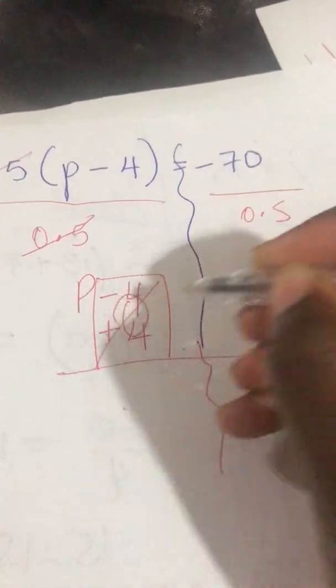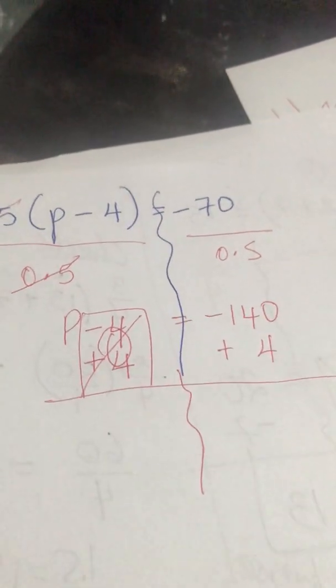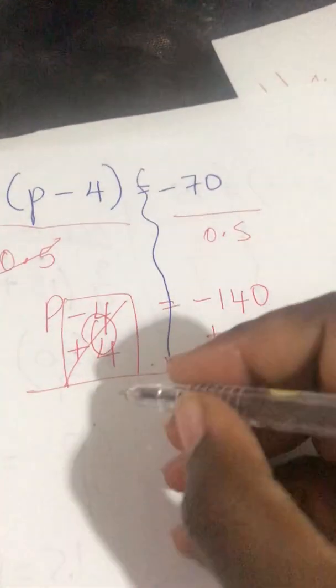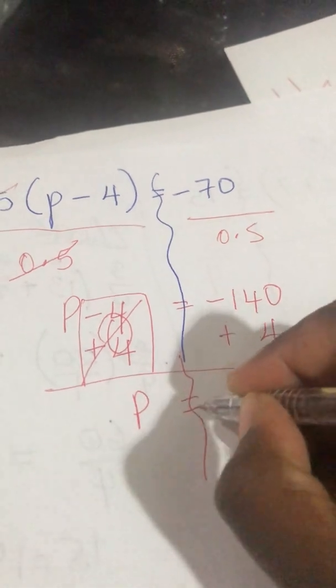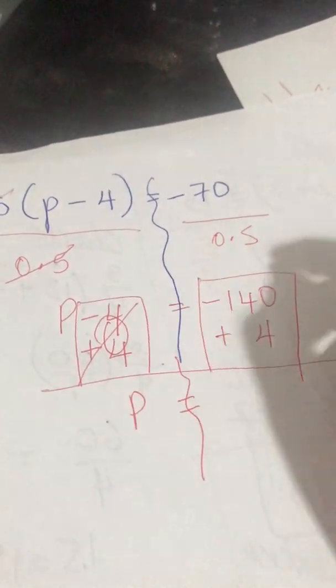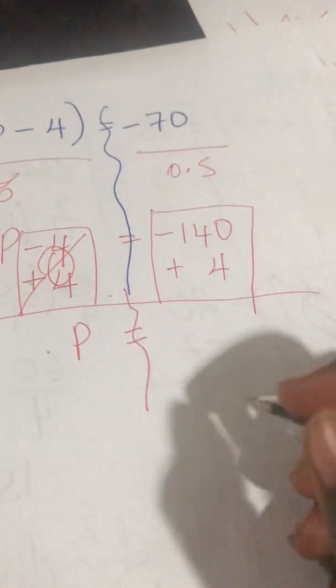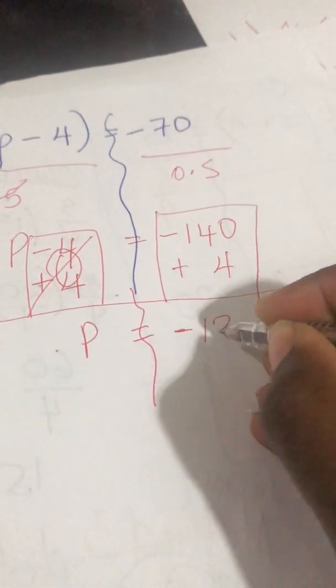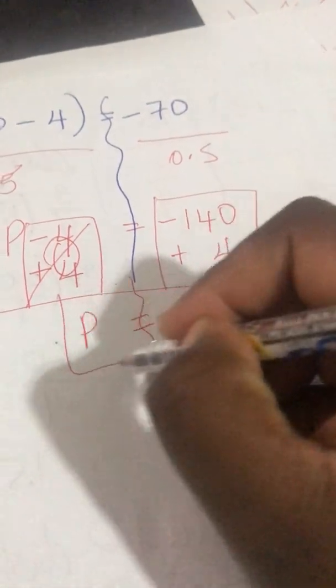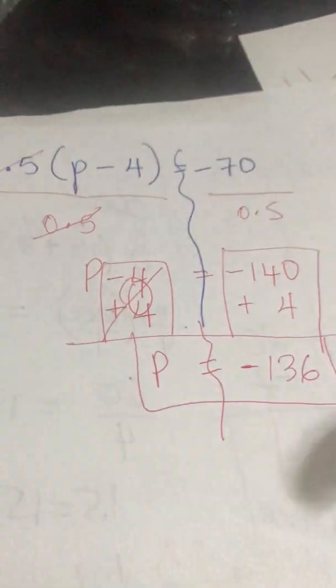This becomes 0 because of additive inverse. You're left with P. Negative 140 plus 4, that will be negative 136. And this is your solution.